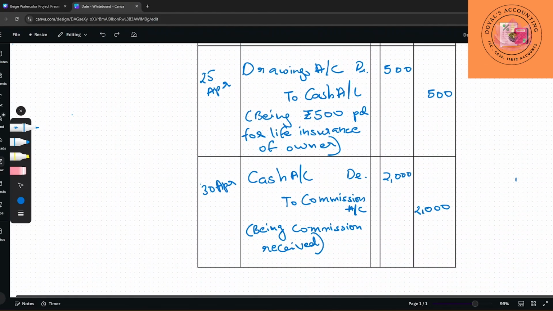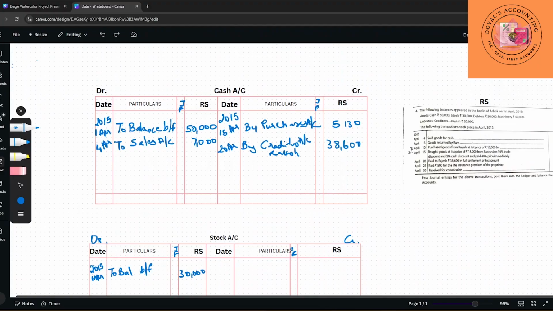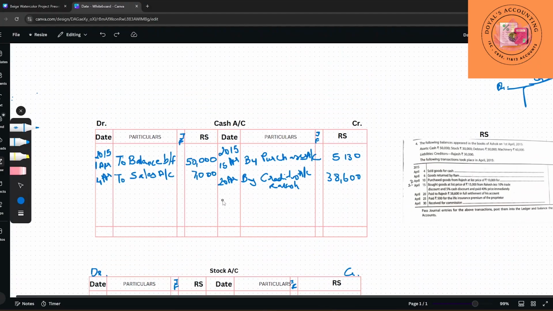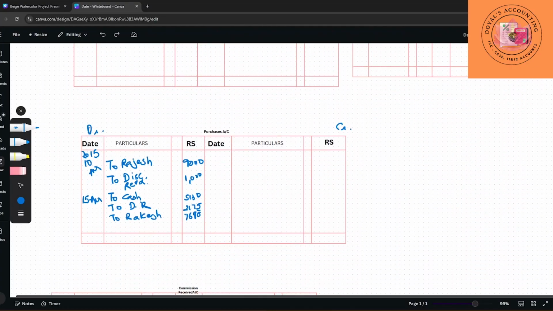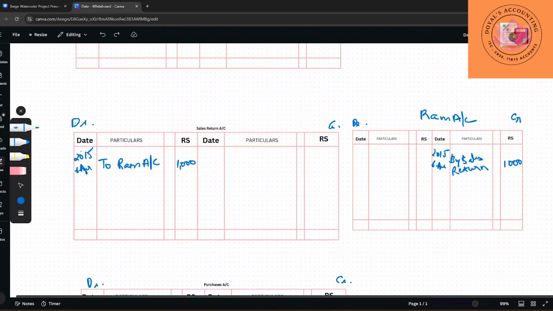The next entry is drawings account debit to cash account. So here only 2 accounts are involved, drawings and cash. Very straightforward. Drawings account debit to cash. So we will record on the credit side by drawings 500. And we have to open an account in the name of drawings.